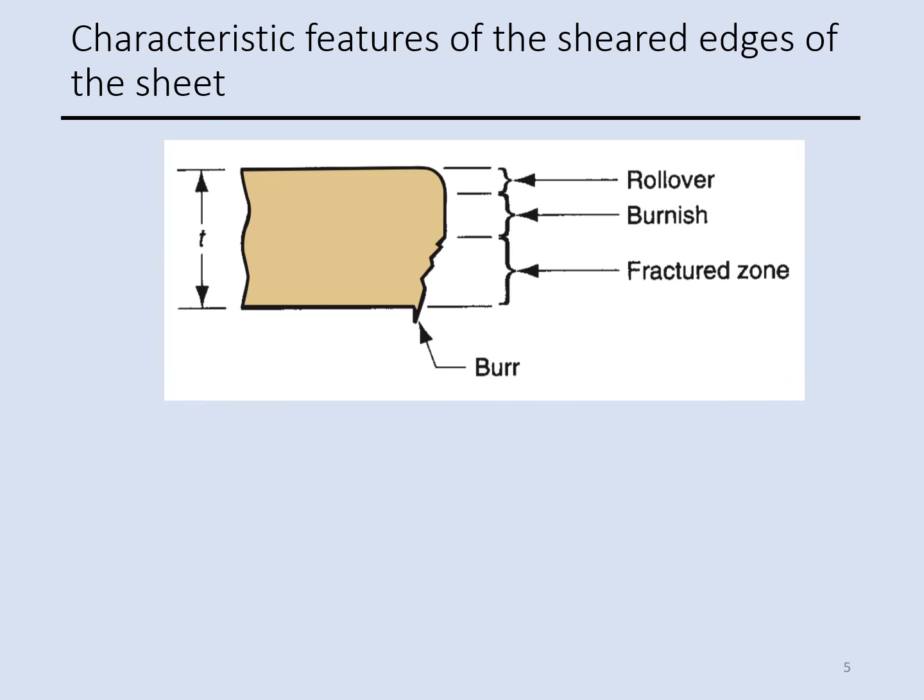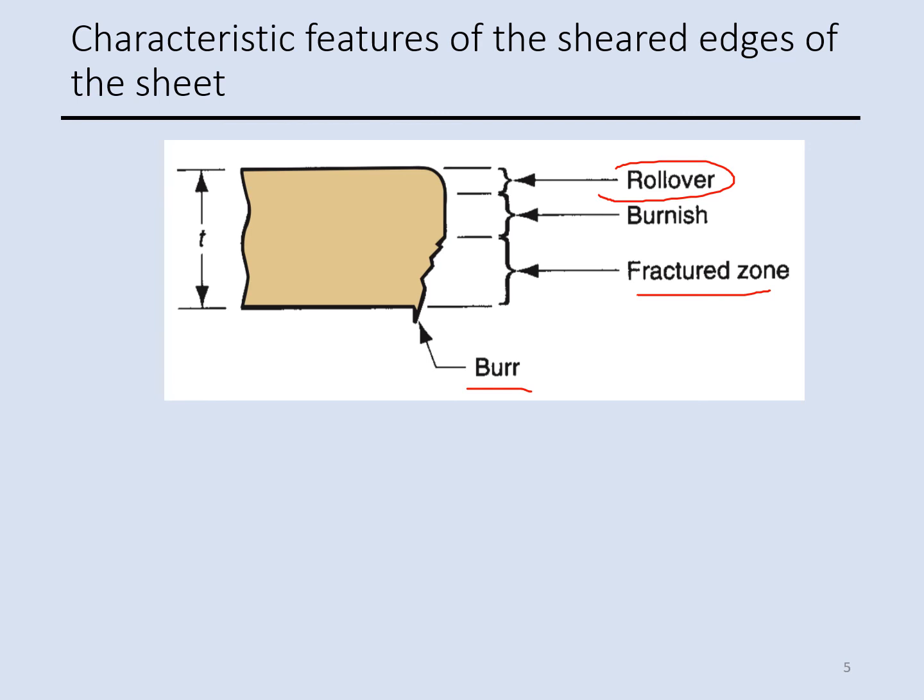On the shear edge of the sheet metal, we have several features. As you see here, we have a rollover, we have burnish and fracture zone, as well as the burr. Starting from top, the rollover corresponds to the depression made by punch before a cutting operation, and this is where the initial plastic deformation occurs at the workpiece.